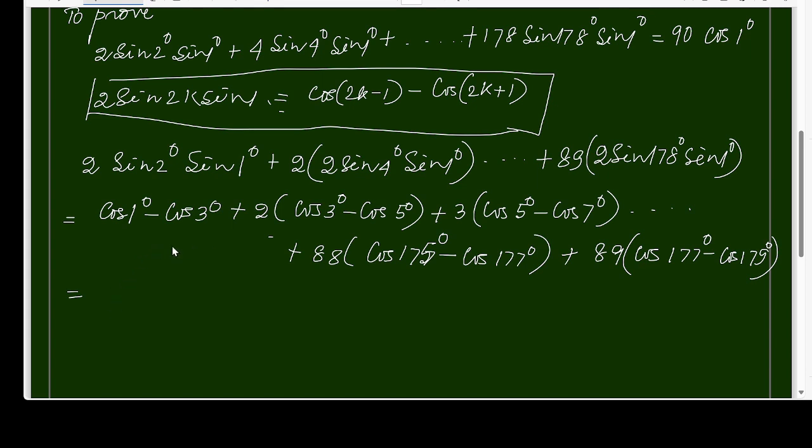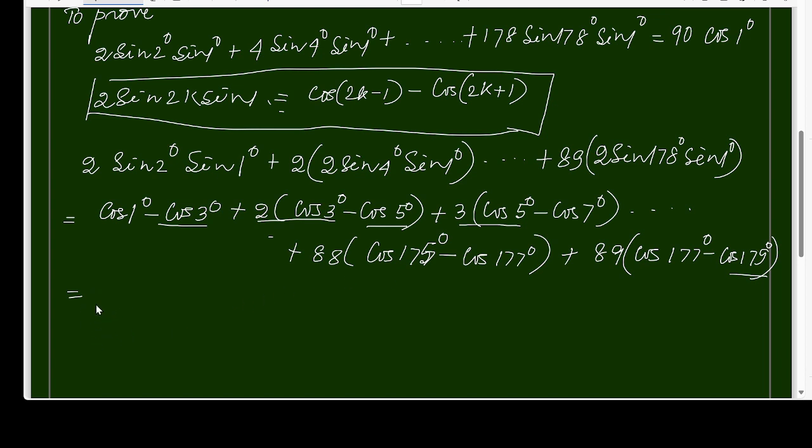If we go on simplifying, this is negative cos 3 degree and here this positive 2 cos 3 degree. So I'll get 1 cos 3 degree here, and the second term is minus 2 cos 5 degree, and here I am getting 3 cos 5 degree, so I'll get 1 positive cos 5 degree. In the same way I'll get positive cos 7 degree, and so on. Only the last one will be negative.